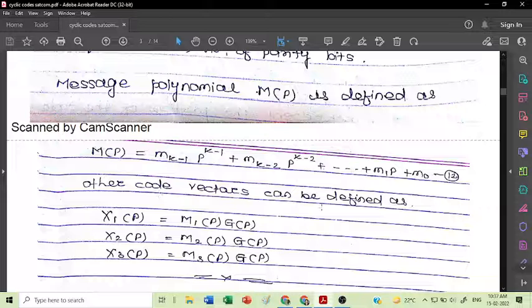Similarly, other code vectors can be defined as x1 of p is equal to m1 of p g of p, x2 of p is equal to m2 of p g of p, x3 of p is equal to m3 of p g of p. In this fashion we can represent cyclic codes, and these code vectors are represented in terms of the message polynomial and the generating polynomial.